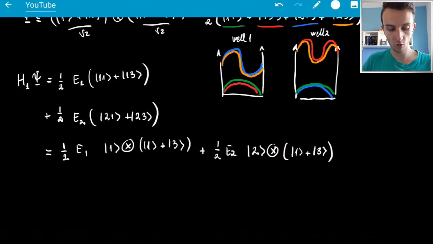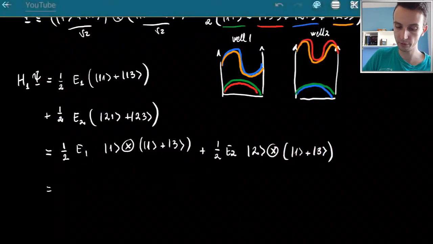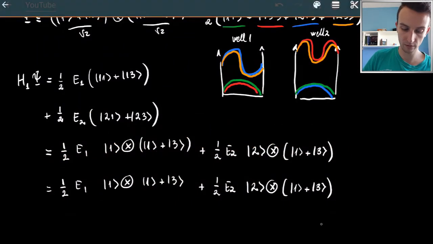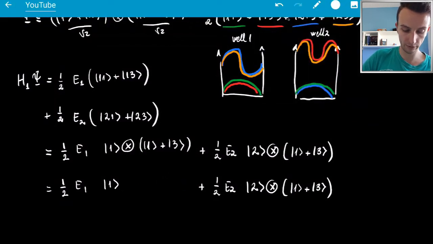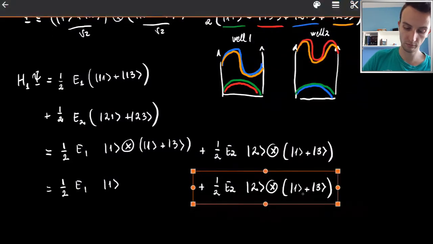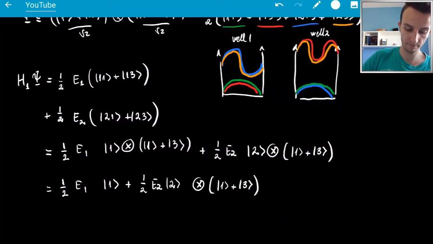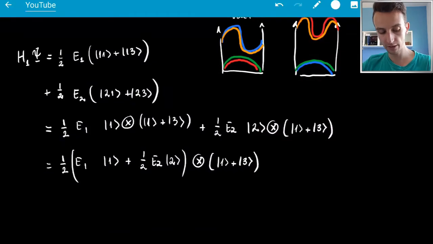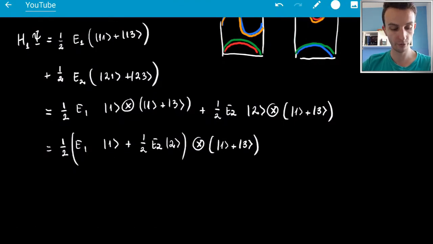Or you see I could pull out one more time. So I'm pulling out this part, like that. So I've got 1/2 E1 1 plus 1/2 E2 2, tensor 1 plus 3.